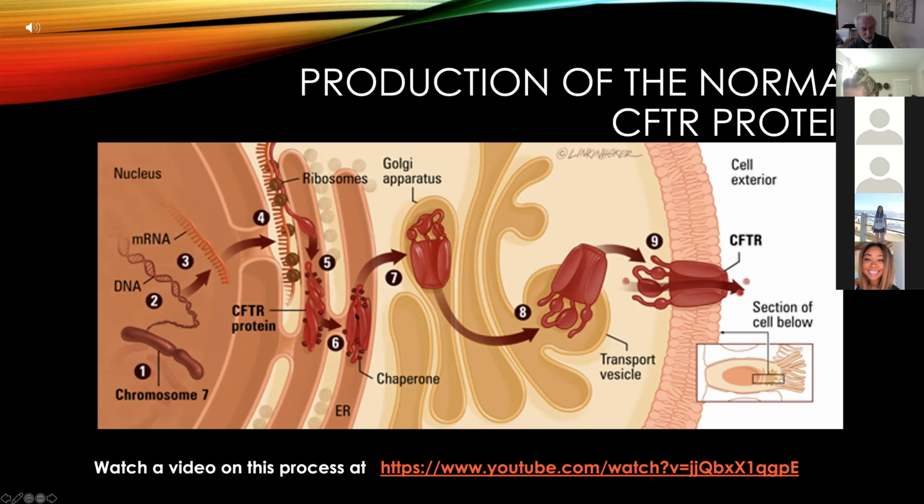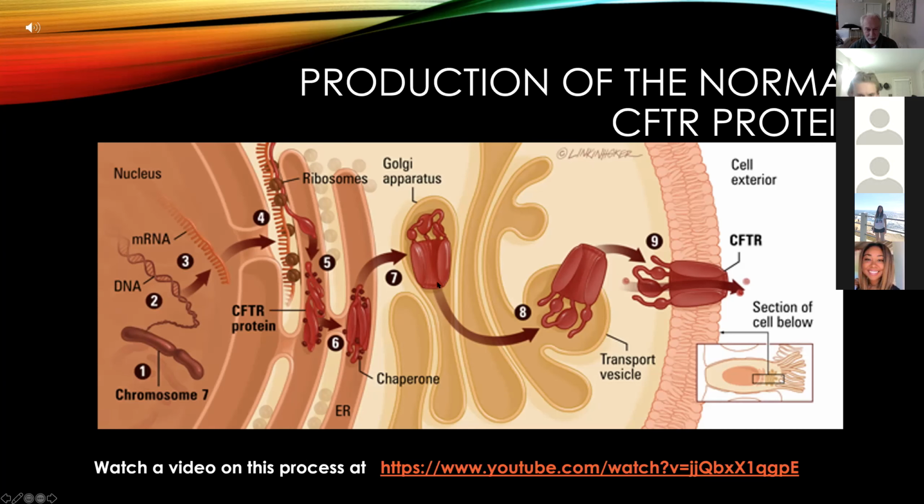Well, once that's produced, remember this is a primary structure, it gets transported to the Golgi apparatus where it is decorated, so-called decorated. That means sugars are attached in a process called glycosylation. The sugars are necessary. In addition to folding, they're necessary for activity.